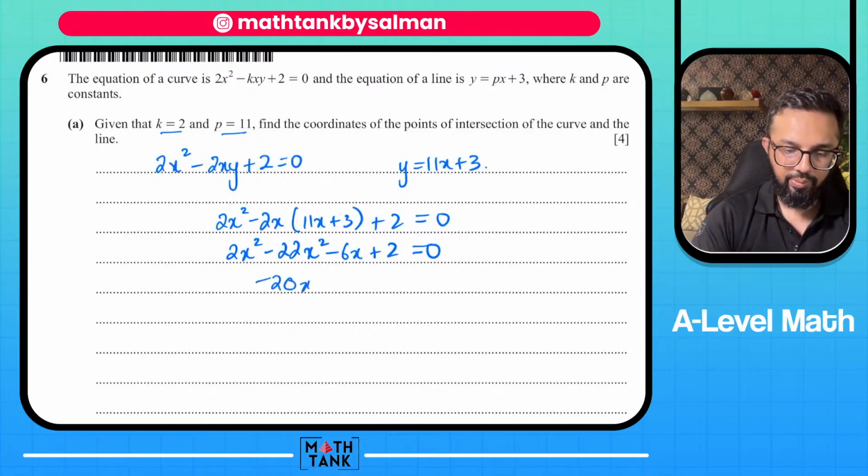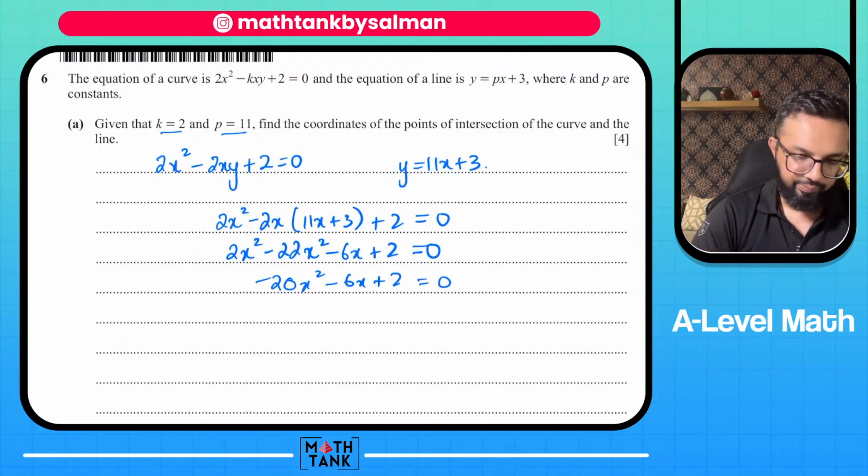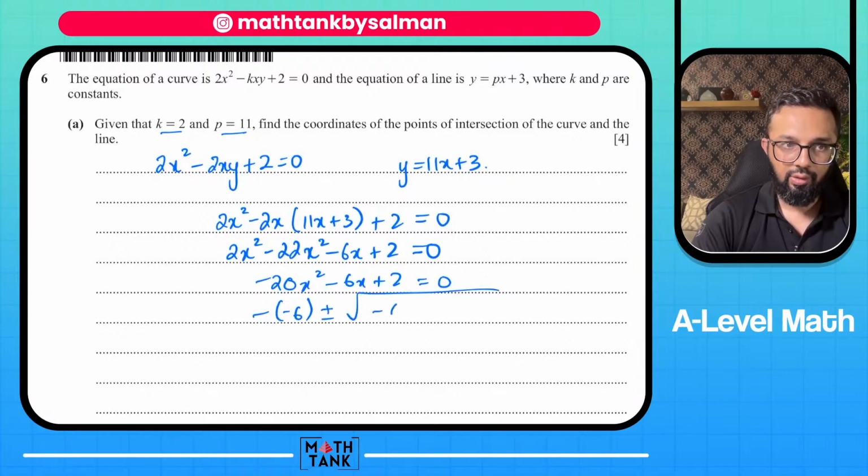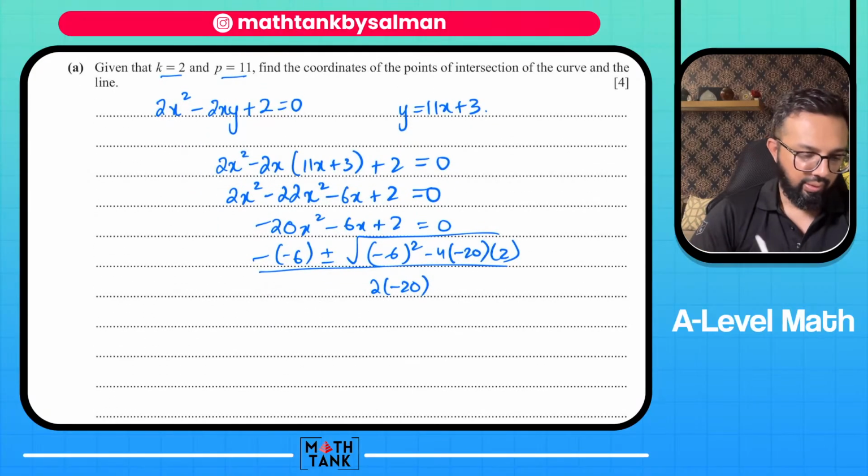Minus 20x squared. 5 and, okay, so I get 1/5 and minus 1/2.